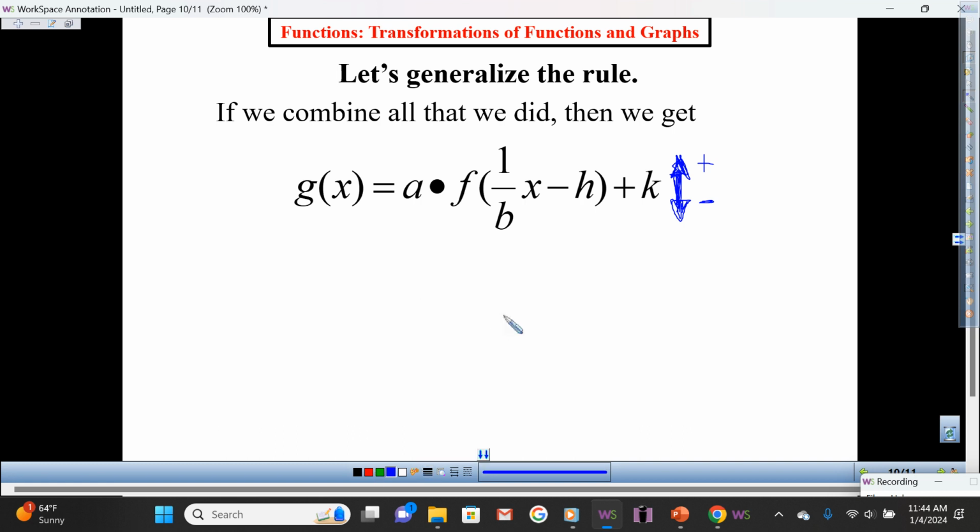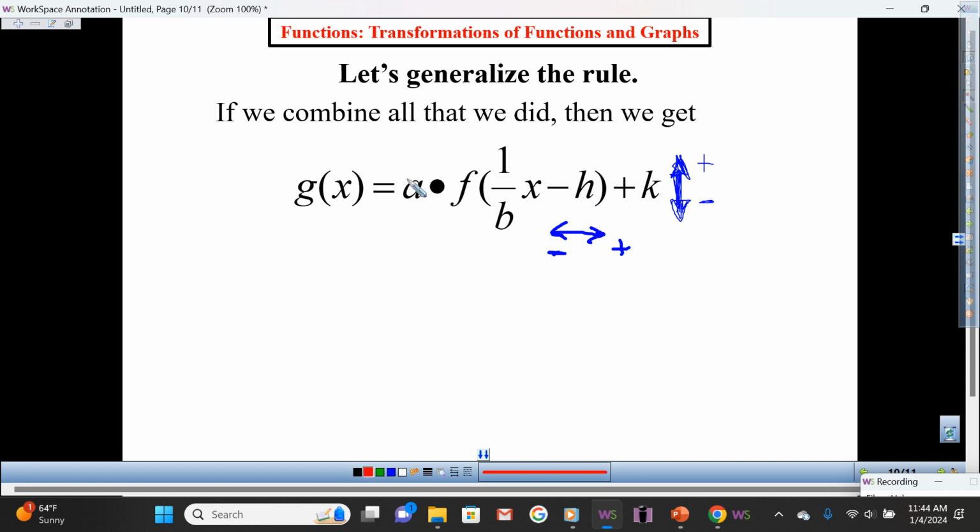All right, so far so good. What does h do to the entire function? H for Martin. Right. If we substitute a positive number, right. Left if we substitute a negative number. Okay, so far so good.